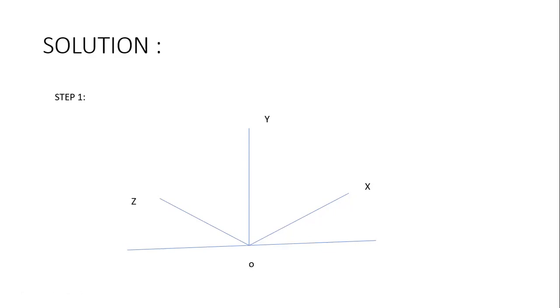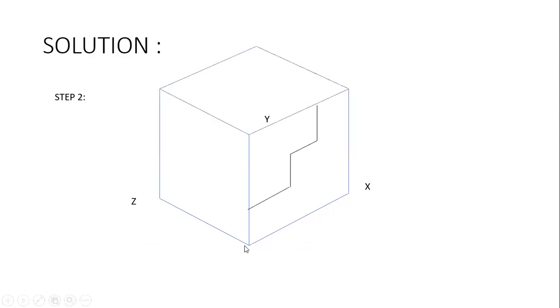With the help of the isometric axis lines, construct an isometric plane on all sides so that it looks like a cube in 3D view.